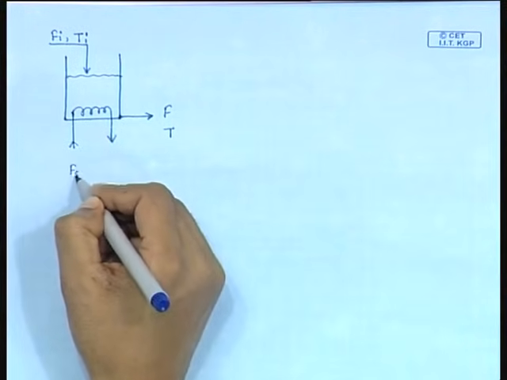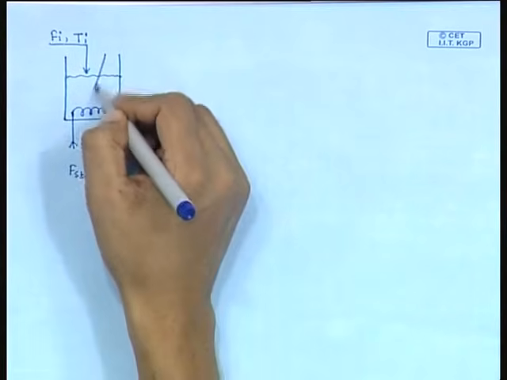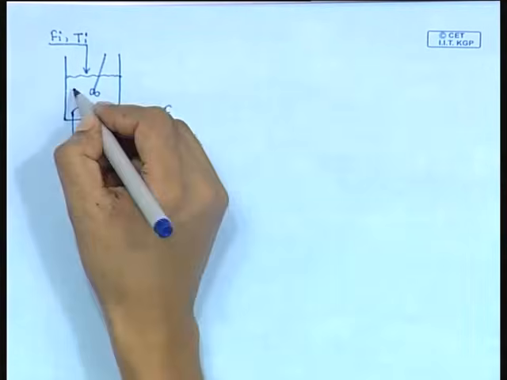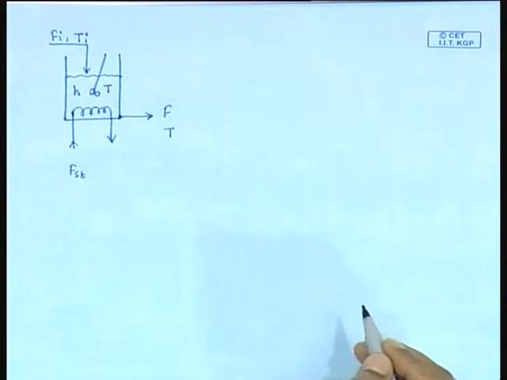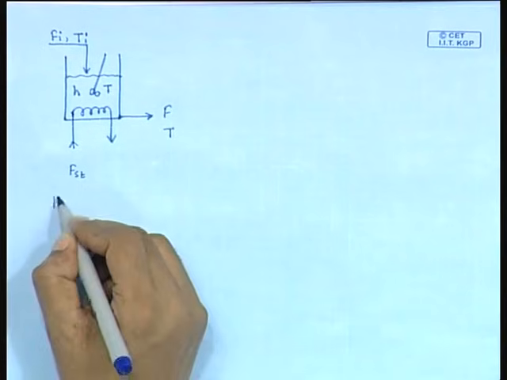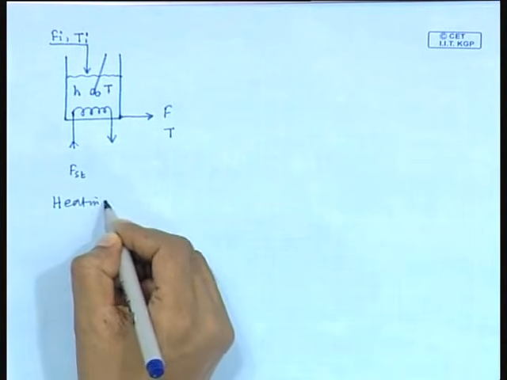It has the flow rate of Fst, and the liquid height is H, temperature T. So, this is the heating tank system.